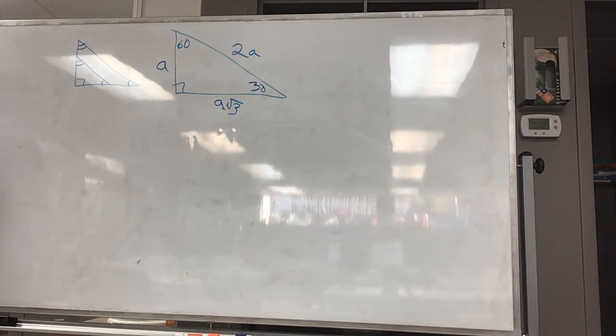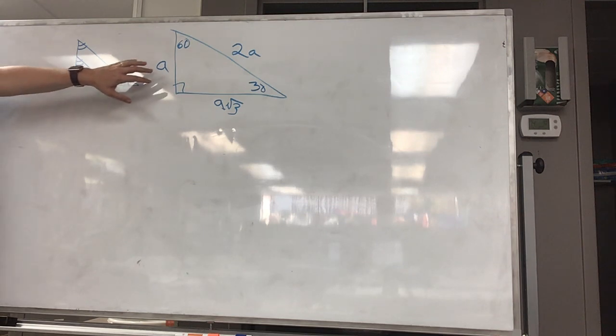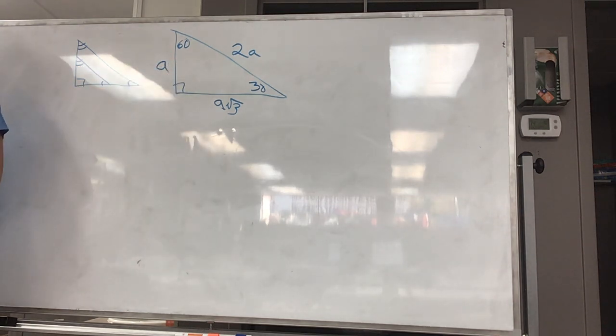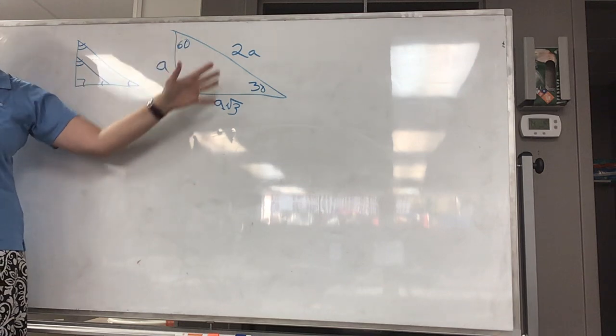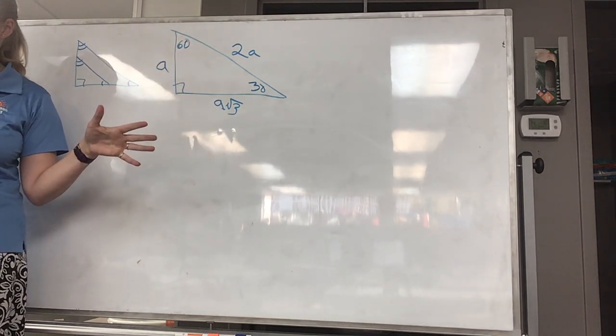With trigonometry, they found that this was true about all the right triangles, not just the pretty 30, 60, 90. They follow that same pattern and they have that same proportion, even though the pattern isn't necessarily pretty.